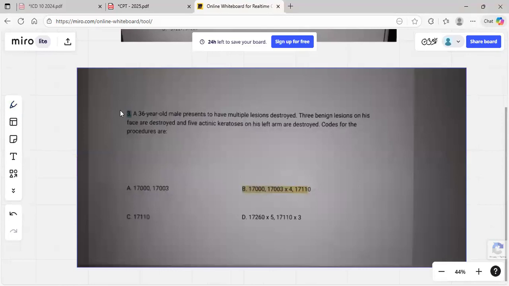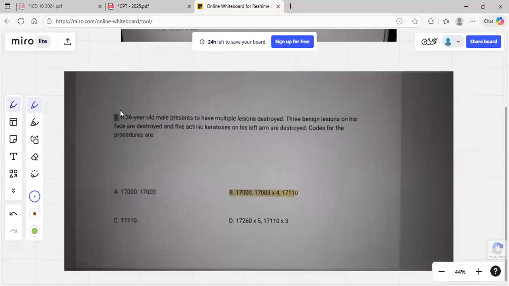So patient is a 36-year-old male who presents to have multiple lesions destroyed, three benign lesions, five actinic keratosis. So actinic keratosis are the pre-malignant lesions. Okay. So five pre-malignant. So total eight lesions have been destroyed, three benign and the five pre-malignant.